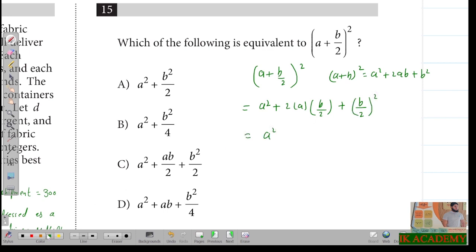Here the 2s will cancel out with each other, so we get only AB here, plus B square over 4. So option D is equivalent to this expression.